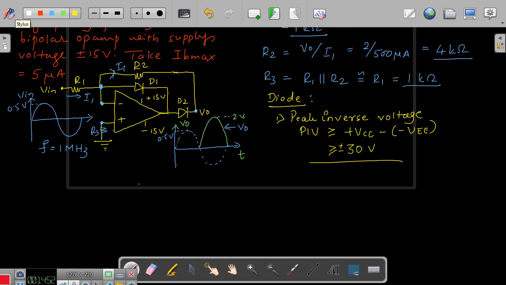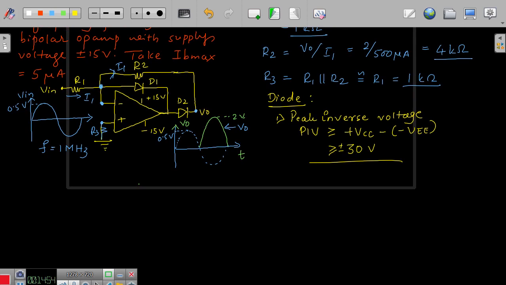Then the second one is reverse recovery time, which we call TRR. The maximum reverse recovery time we can take should be less than or equal to T divided by 10, which I have already told you.